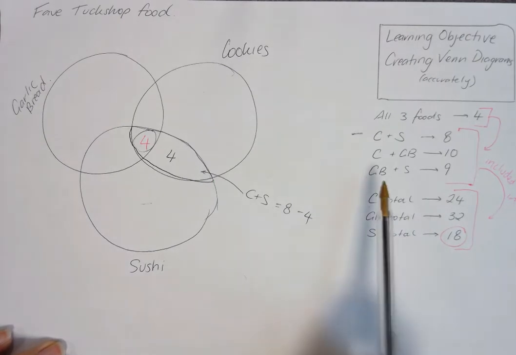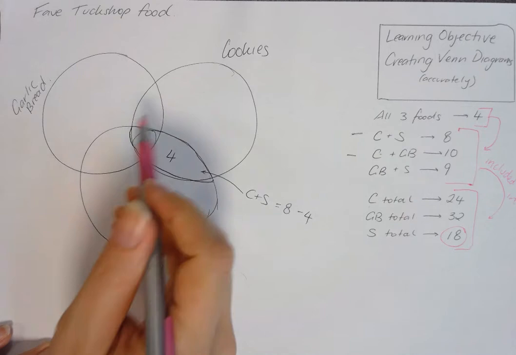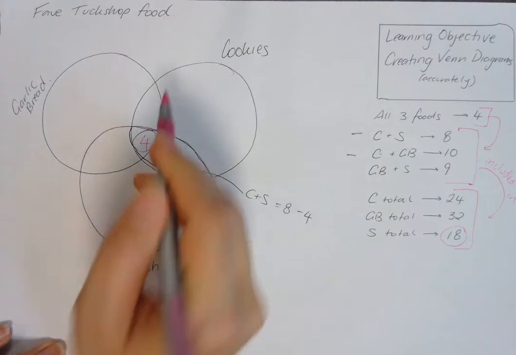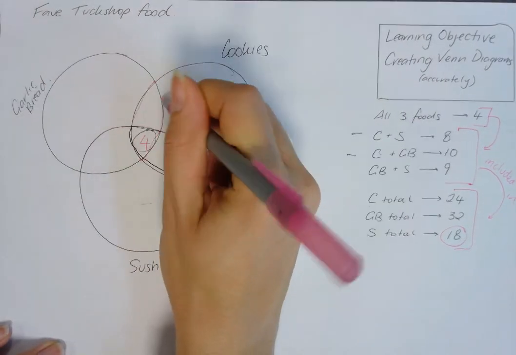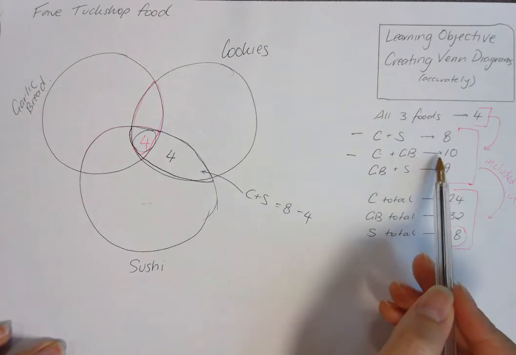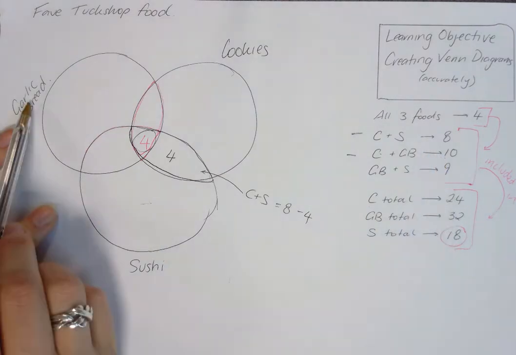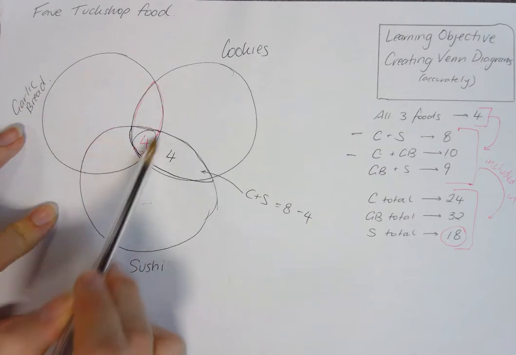Okay, this time we've got cookies and garlic bread. So that intersection is here. Cookies, oh no, sorry, cookies and garlic bread, that one up there. We know we've got 10 people who couldn't decide between cookies and garlic bread, and so therefore we have to have 10 in this total intersection.